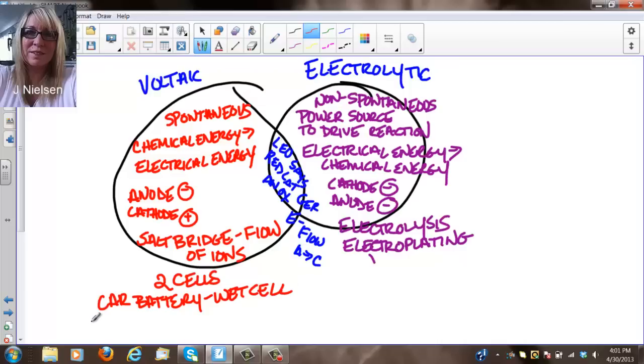And then a regular battery, you know, like for a calculator or a watch, is an example of a dry cell. Okay, that's it. I would definitely do some of the practice tests, go over the notes, do the other test to get ready, ask questions in class.